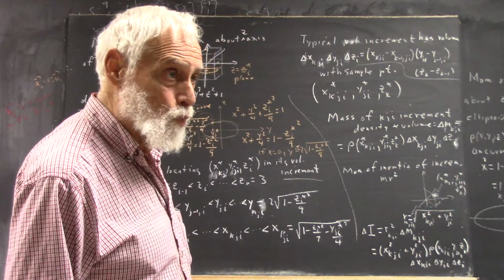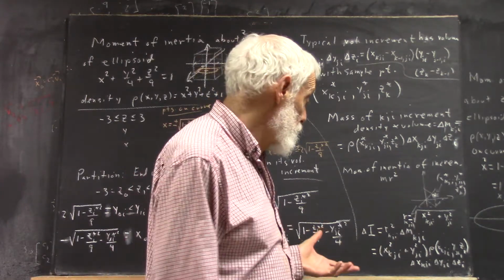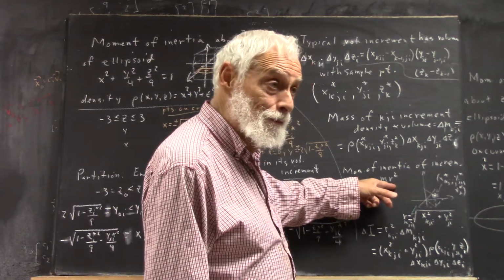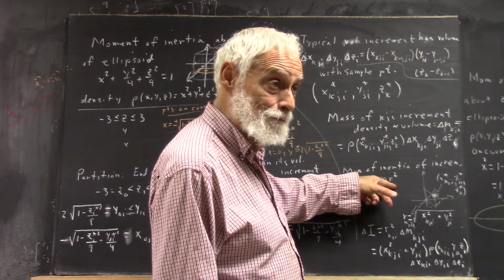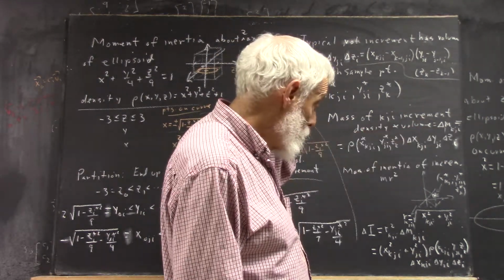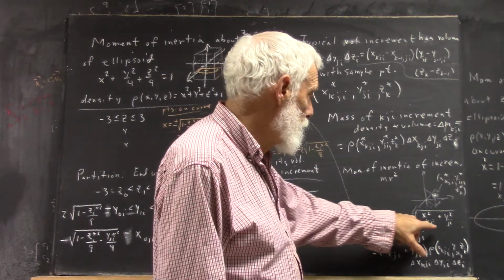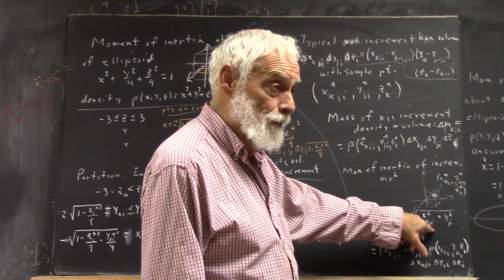Okay? Being careful with subscripts. But all we're doing is writing out mr squared for this increment, m being the delta m kji we got here, and the r being the rkji we have here.